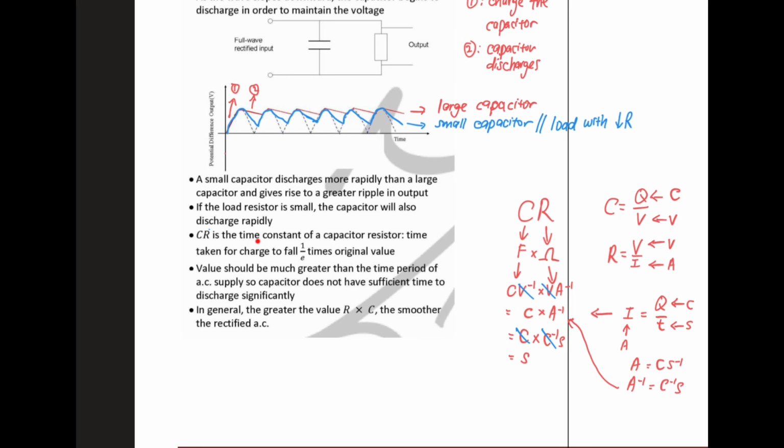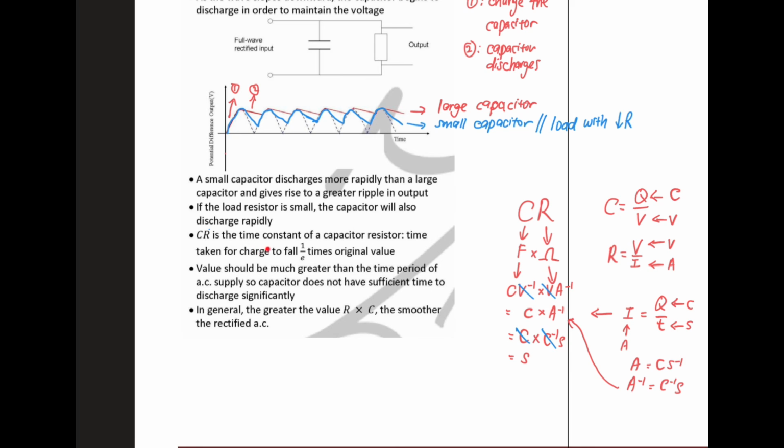So what kind of time do you get? The time that you get here is the time taken for the capacitor to discharge until the charge falls to 1 over e of its original value.